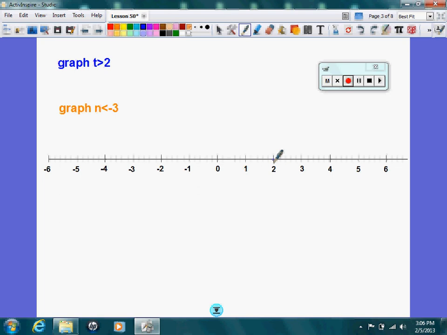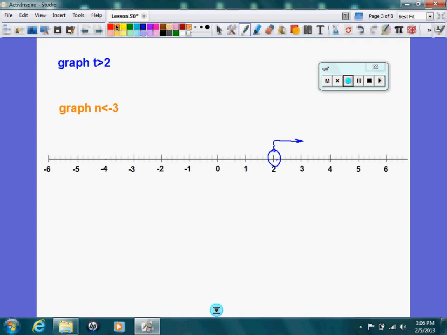No, t has to be greater than 2. The way we indicate this is with a dot or a mark, but it's hollow. And we would point to the right, since it has to be greater than 2. So anything greater than 2, 3, 4, even 2.1, which would be right along here, would be greater than 2.